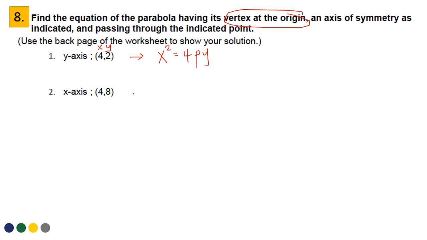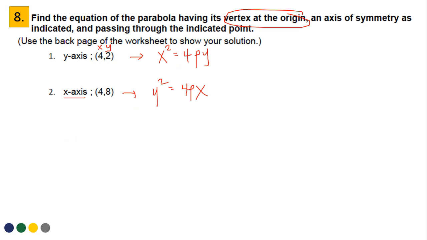Again, if the question here is y-axis, we're going to use the opposite variable or axis, x squared. If it is x-axis, we're going to use y squared is equal to 4px. Nagets po ba yun? Yes, sir. Alright. So, y-axis po yung tanong. We're going to use this formula, x squared is equal to 4py.